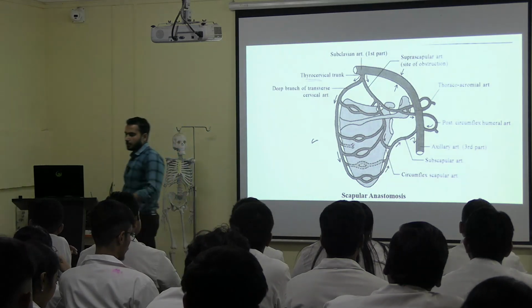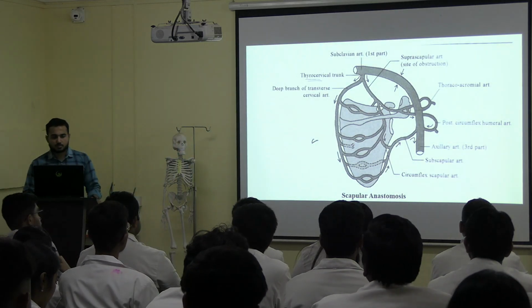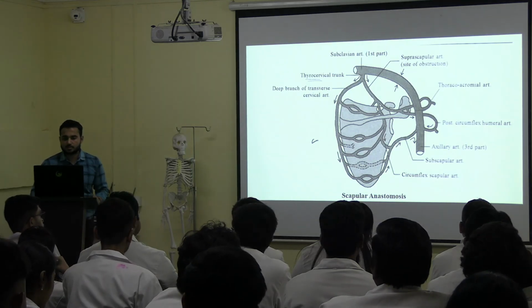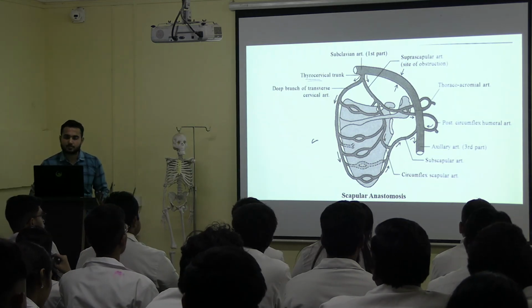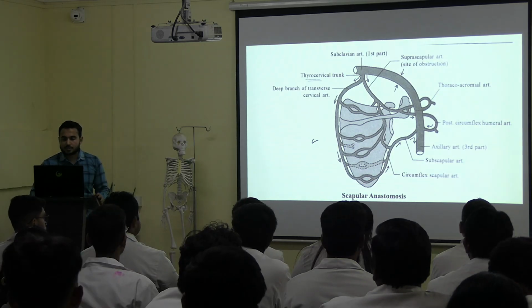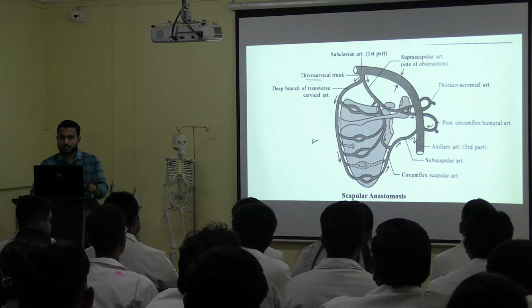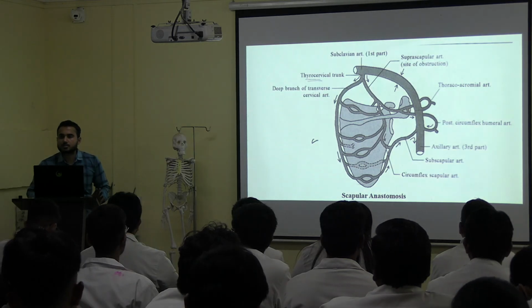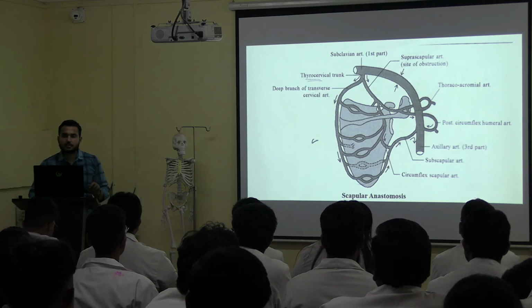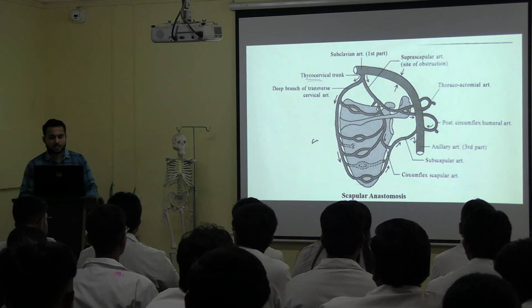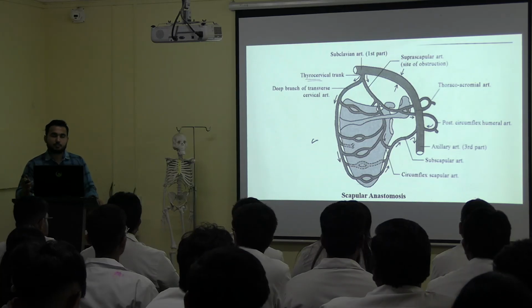Now particularly if you see around the scapula, collateral anastomosis is seen between the branches of the first part of the subclavian artery and the third part of the axillary artery. Now the suprascapular and the deep branch of the transverse cervical artery, which are branches of the thyrocervical trunk from the first part of the subclavian artery, anastomose with the circumflex scapular artery.